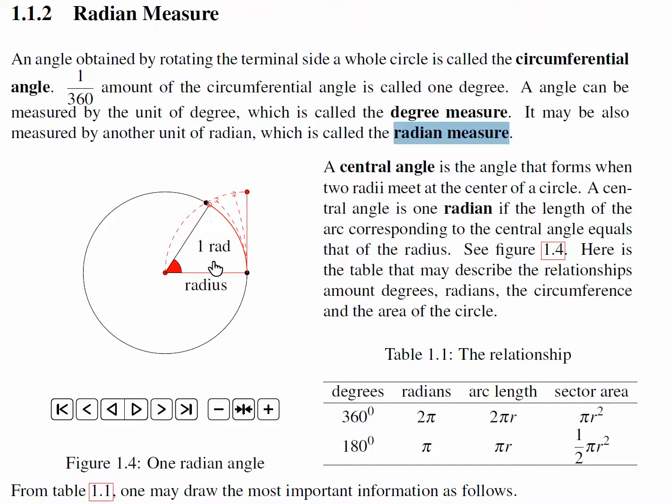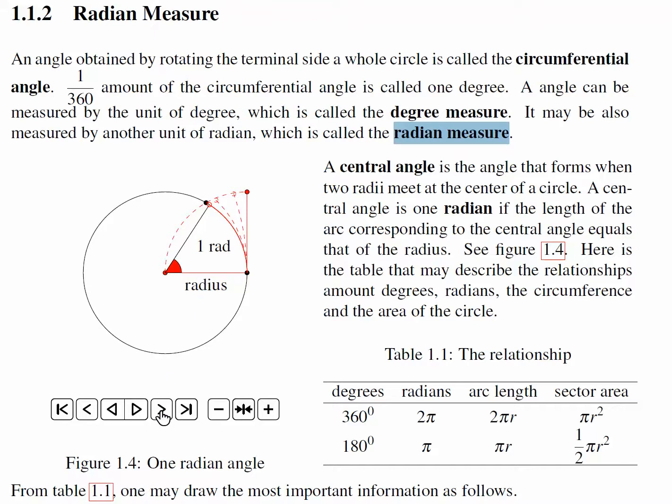So 1 radian is slightly less than 60 degrees, because the bent arc length equals the radius. So the corresponding central angle will be 1 radian. So 1 radian is smaller than 60 degrees.